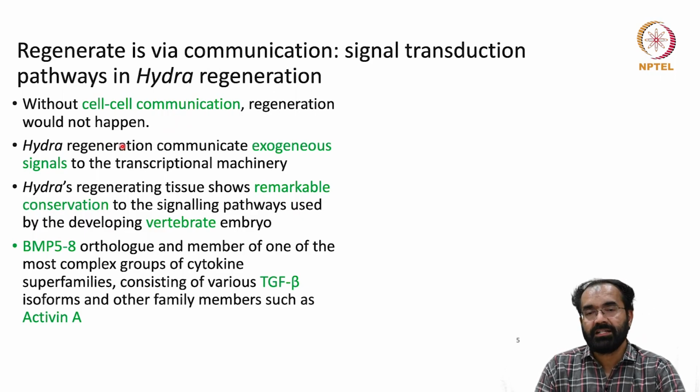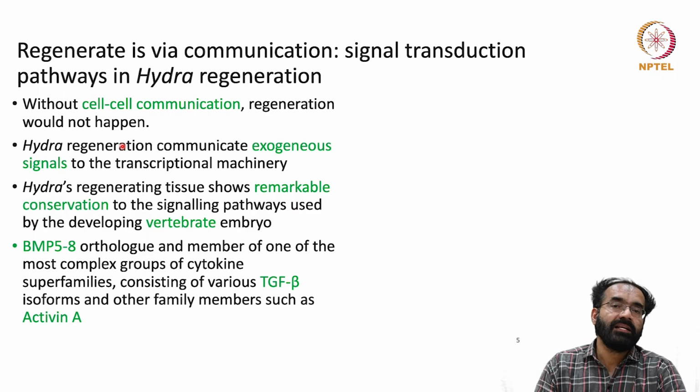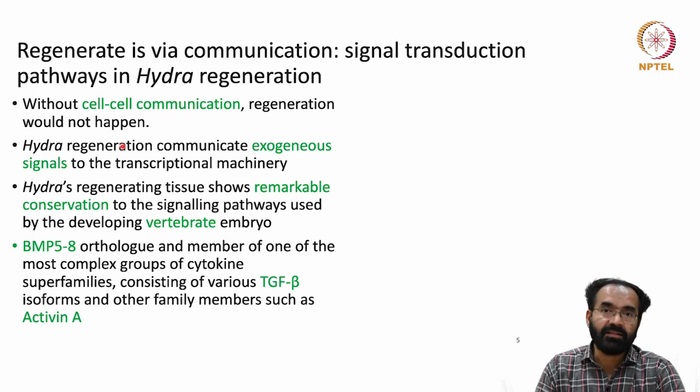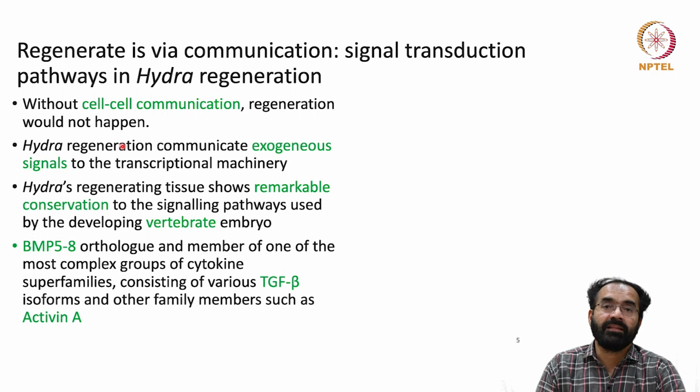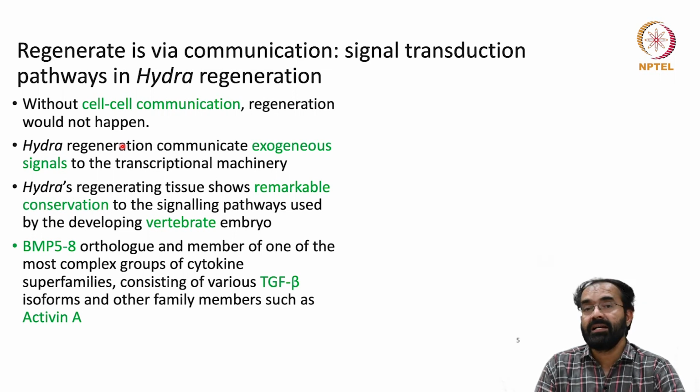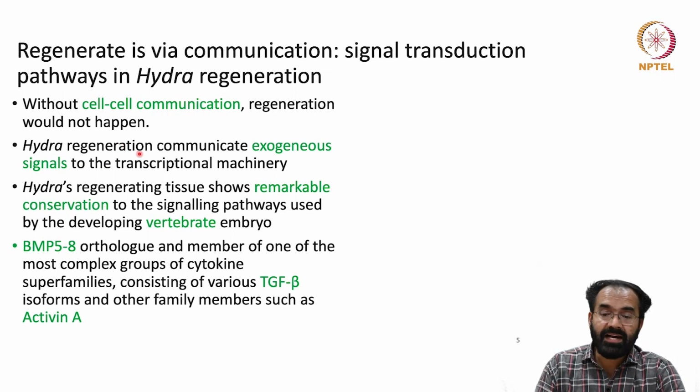Cell-cell communication basically means if one cell is not able to communicate with the other cell, like you have seen a similar mechanism in liver regeneration. If one hepatocyte is priming the other hepatocyte, and that doesn't happen, the regeneration also cannot happen. So Hydra regeneration communicates exogenous signals to the transcriptional machinery.